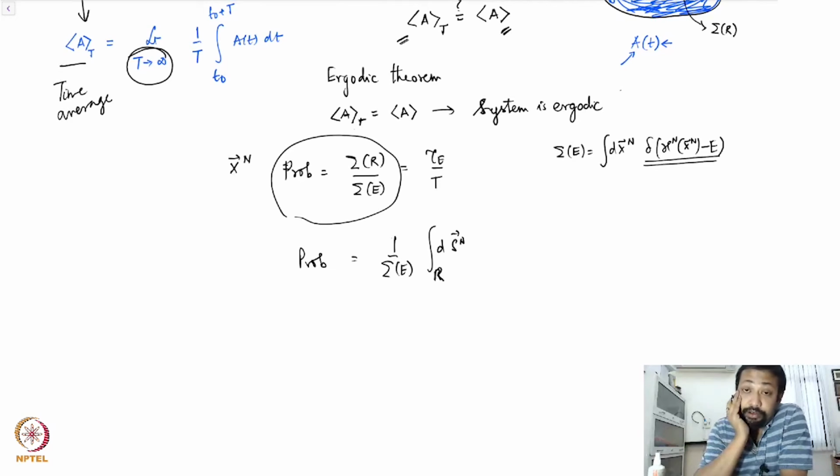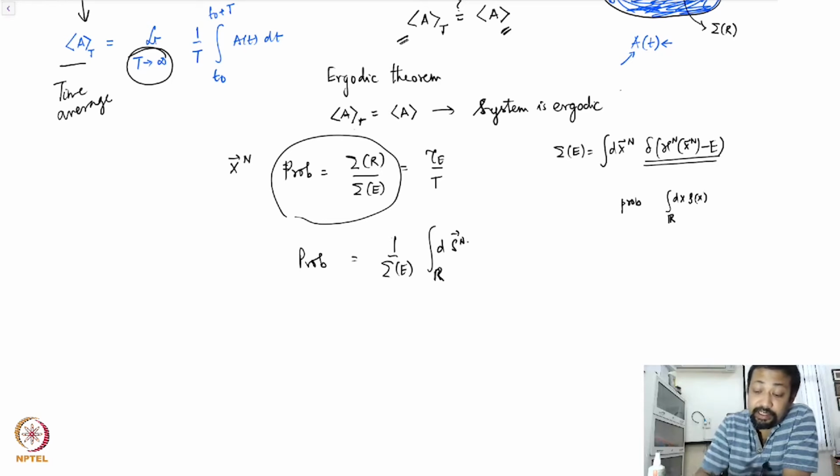Now, if you recall when we discussed continuous random variables and probability densities, we said that the probability of finding a variable x within an interval R was essentially the integral over the interval dx of rho of x.